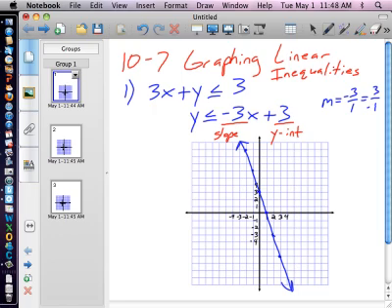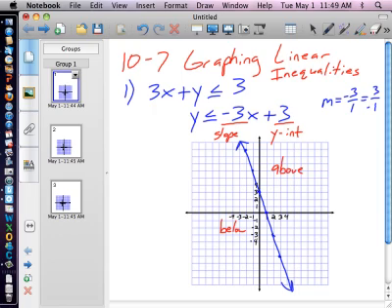How do we make it the graph of y is less than or equal to negative 3x plus 3? It's pretty simple. First of all, if we think about this line, this is everything above the line, and this is everything below the line, because what we're talking about is the y value.